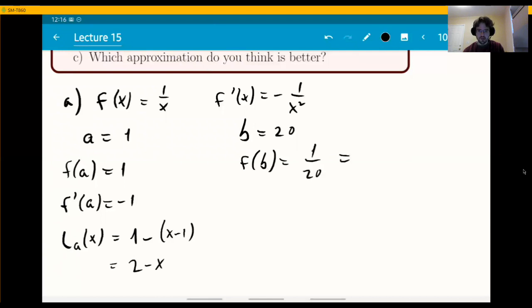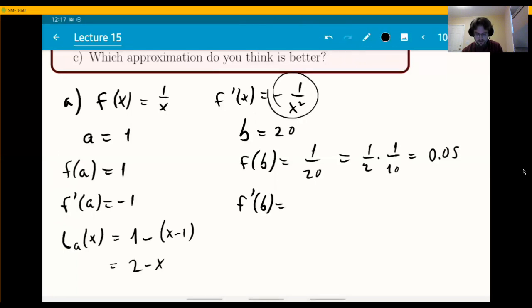Why did I say this is an easy number to compute? Well, if you want to write in decimals, this is 1/2 of 1/10, so 0.05. That one we can do very quickly in our heads. F prime of B, now I'm going to use this formula for f prime, minus 1 over 400, which is basically the negative of the square of this number.